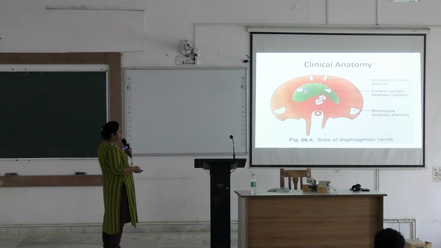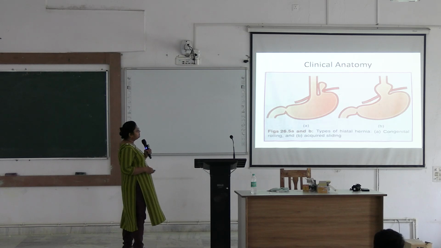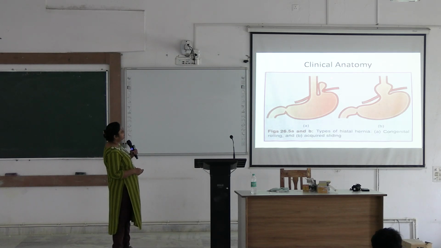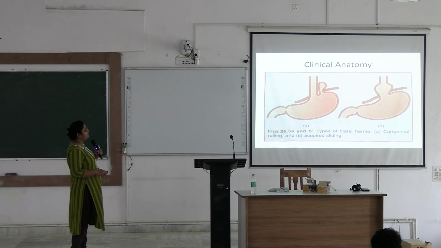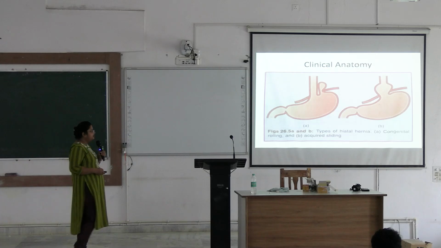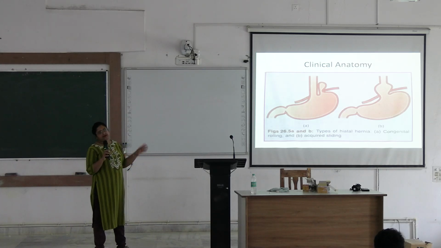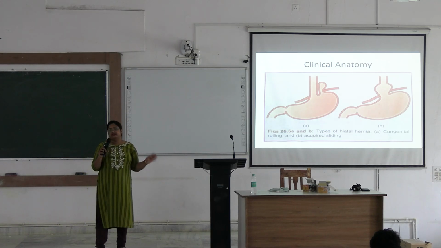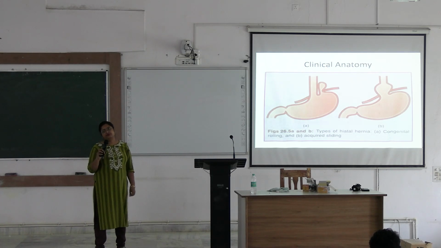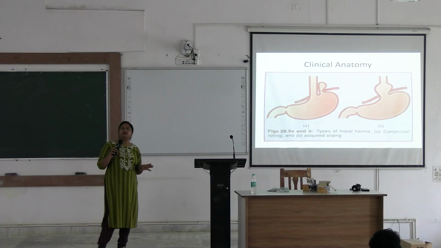Practice this picture: congenital rolling type of hernia, where the fundus is herniating, and acquired sliding type of hernia, where the gastroesophageal junction is pushed upward. These hernias also come as part of the long question, and diaphragmatic hernia can individually come as a short note or part of a long question.